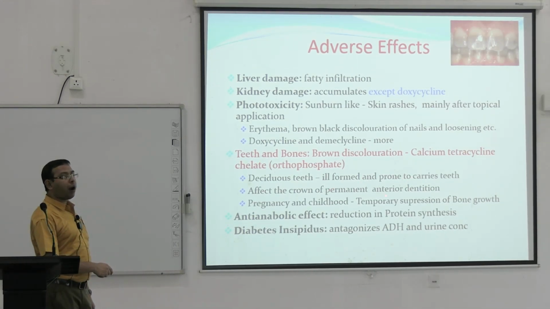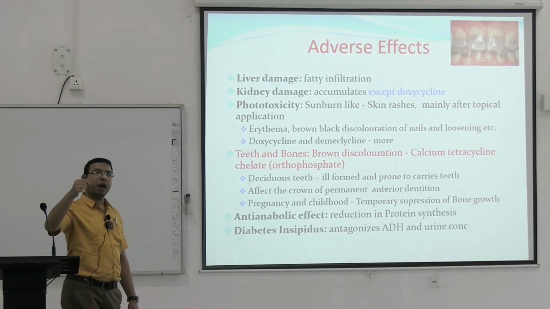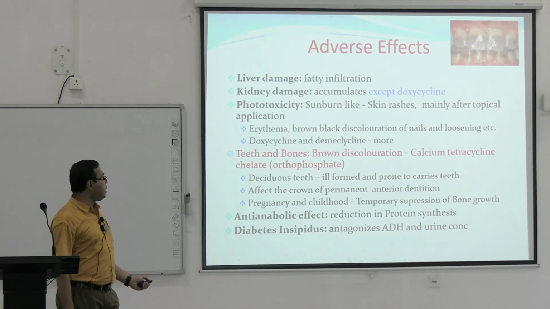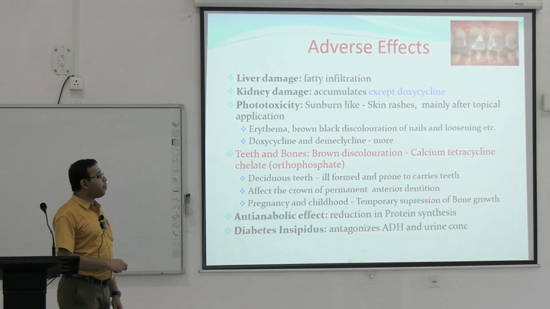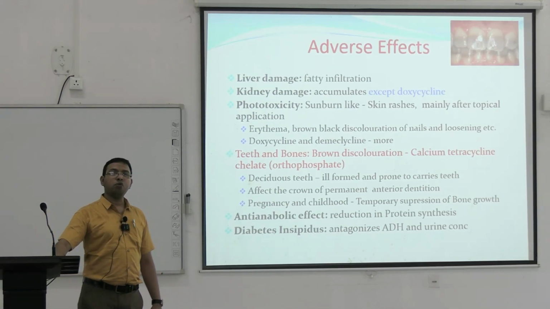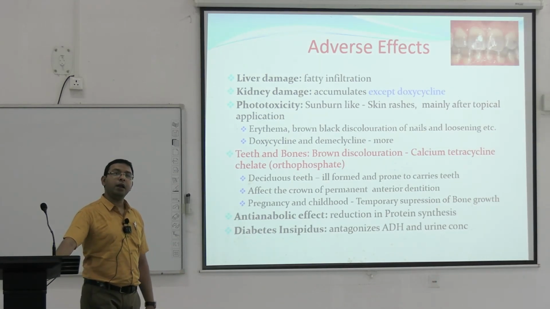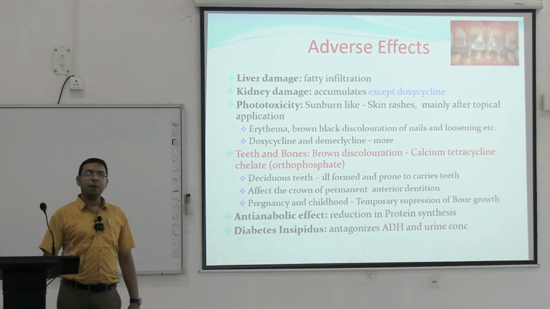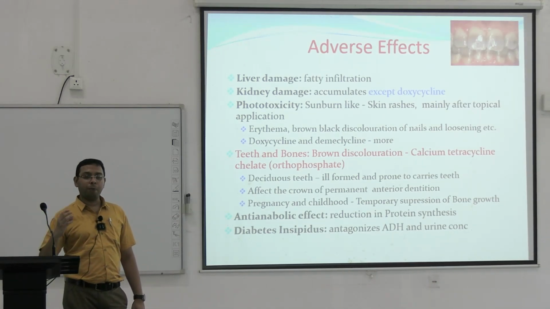The crown of the permanent anterior teeth can be decayed. In pregnancy and childhood, there may be temporary suppression of growth. So this tetracycline group of antibiotics should not be given in children, pregnant mothers, or nursing mothers who are breastfeeding, because there are always chances of bone and teeth problems.